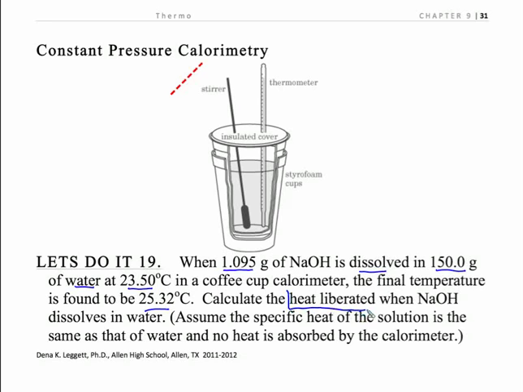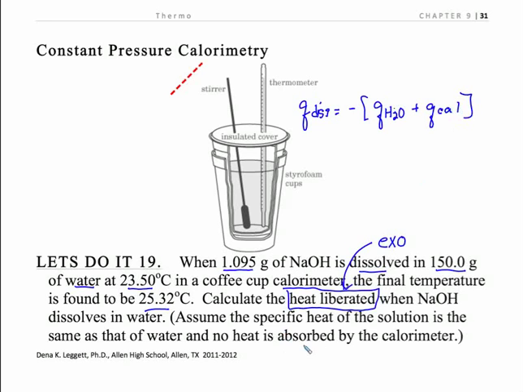Now, it gives us a hint here. If heat is liberated, we know we're looking for an exothermic process. So Q of our dissolving is going to be equal and opposite in magnitude to Q of our bulk water solution plus Q from the calorimeter.